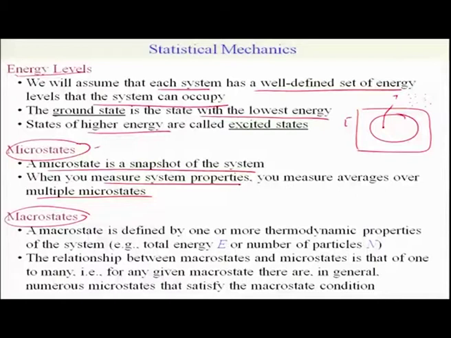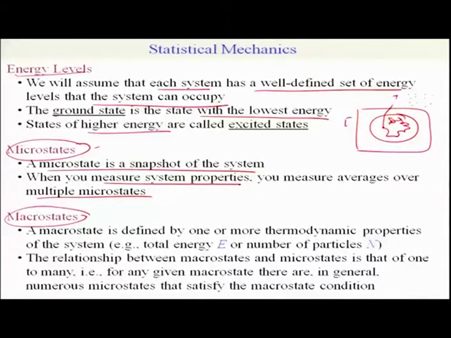When you freeze the system for a moment, you generate a configuration, or a snapshot of the system. In general the system moves around, and you take an average over this. You measure the system property as an average over multiple microstates, and thus you obtain the property that is typically the outcome of experiments. So, by collecting the properties of microstates we obtain a single property.